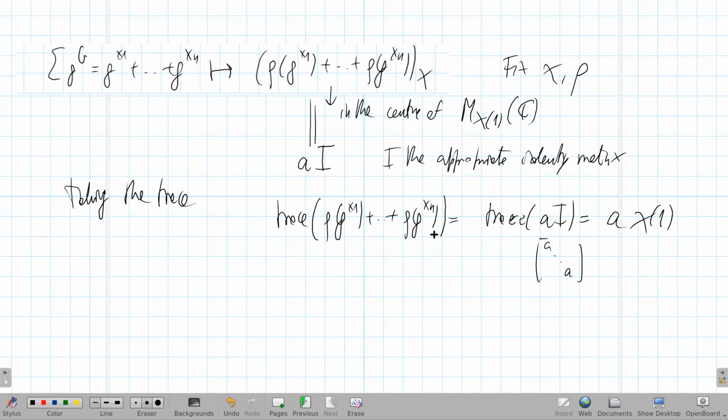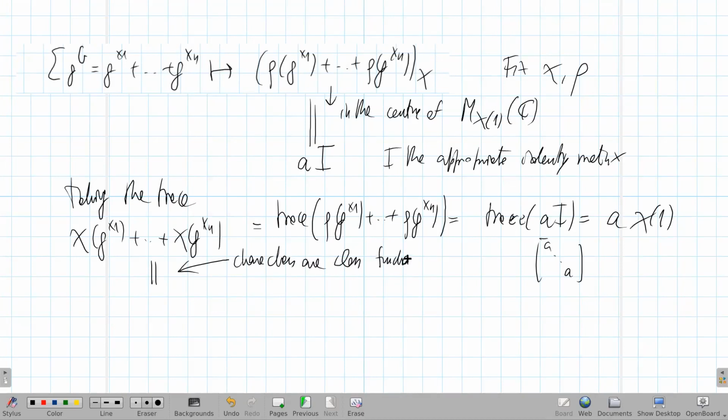Taking the traces, I have the sum of the characters. The trace is linear. But of course the characters are class functions, meaning that the value is constant.